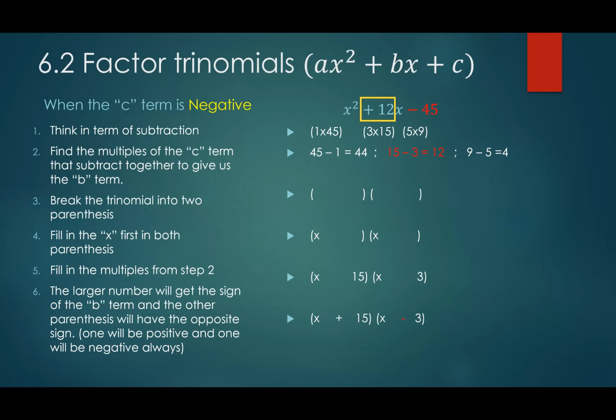So this is what our answer is: x plus 15, x minus 3. It doesn't matter if you put x minus 3 in front and x plus 15 in the back. The order of the parentheses doesn't matter, but the numbers inside the parentheses matter, okay?